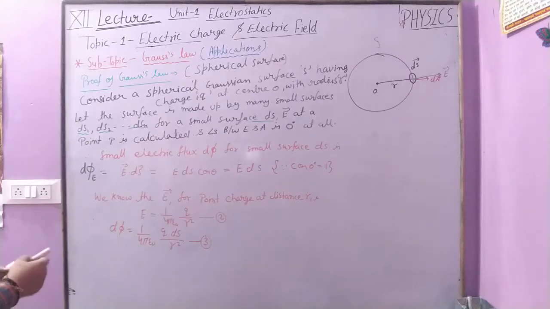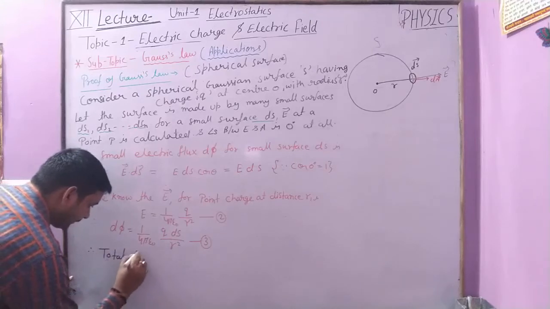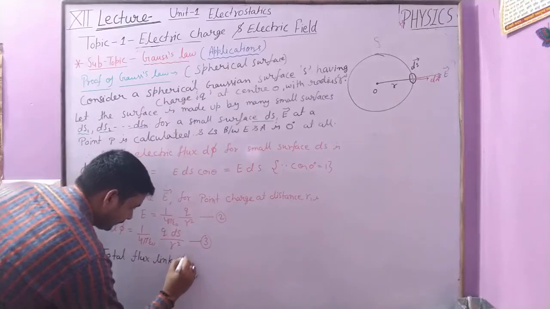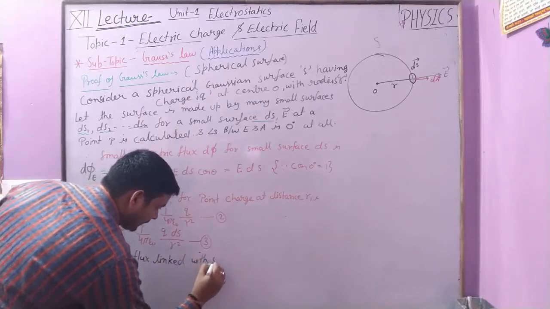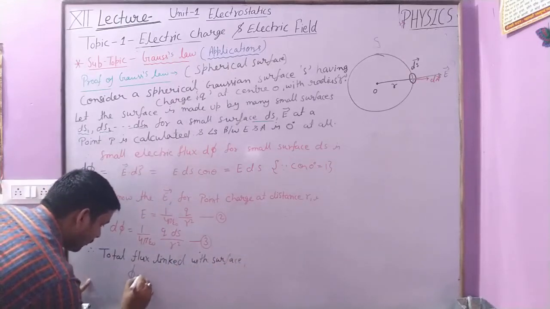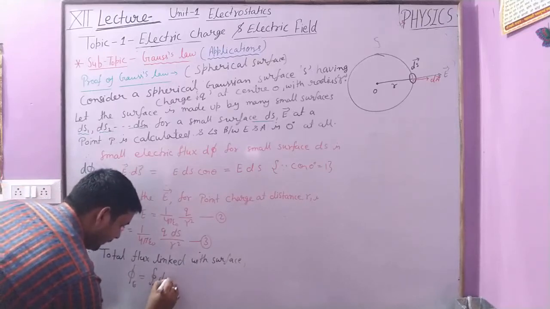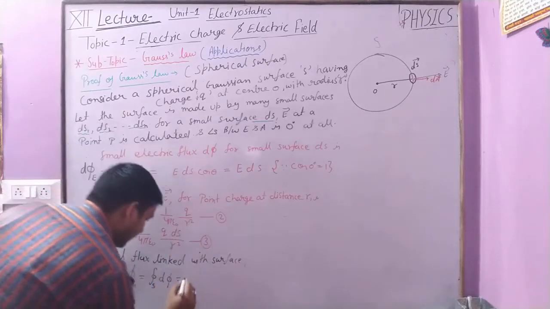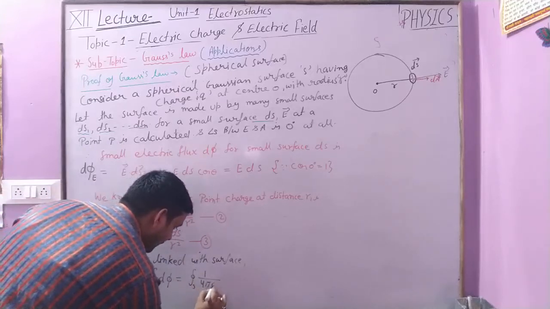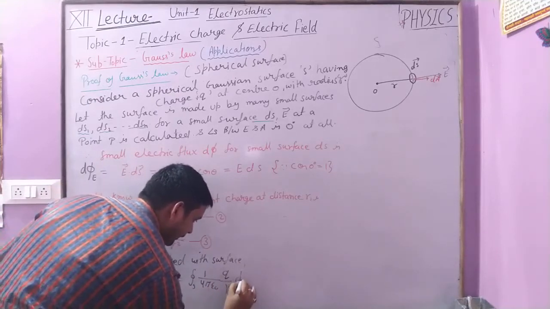Now the total flux linked with the surface is phi is equal to integral d phi. By using this result we can calculate that 1 upon 4 pi epsilon naught q upon r square ds.